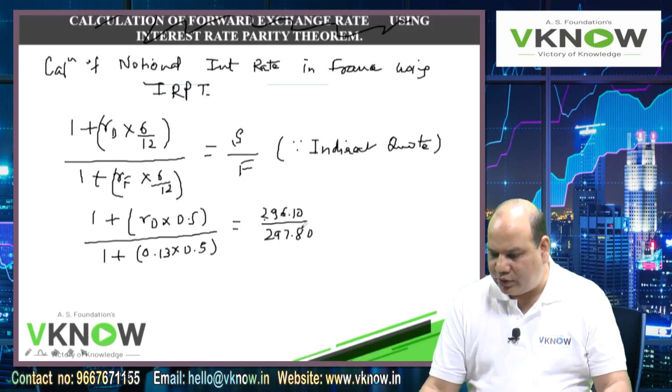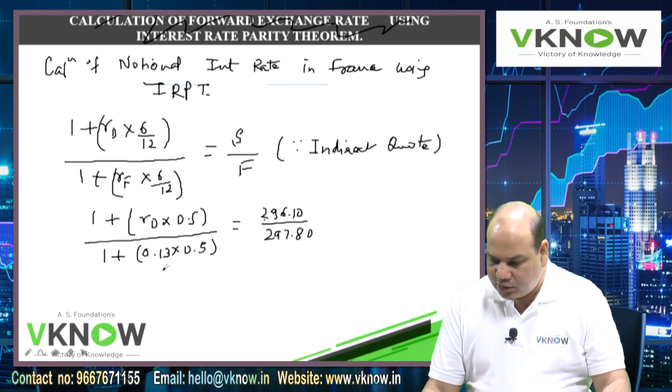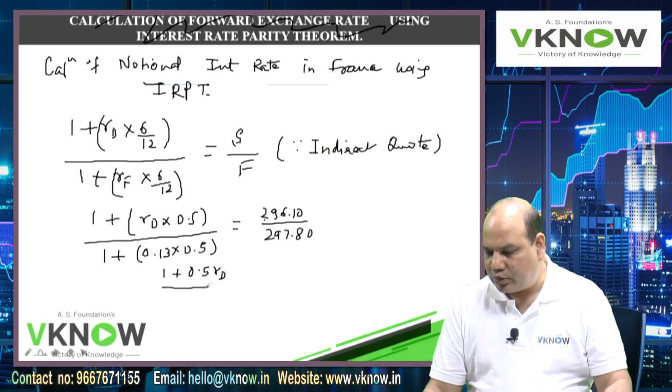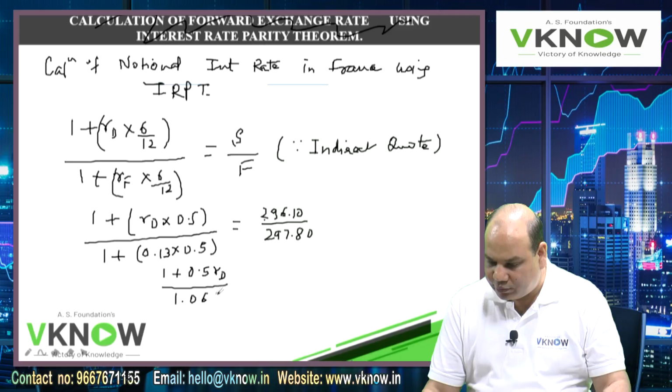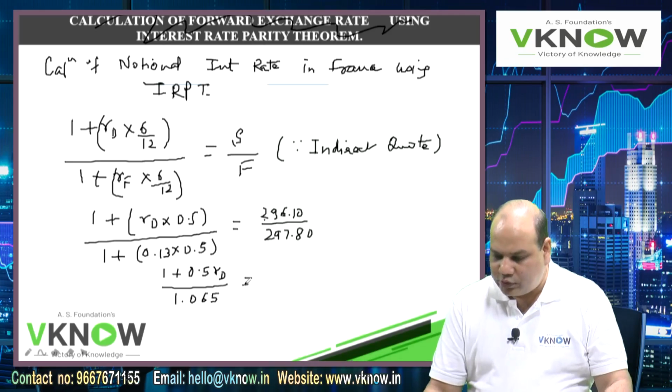With these rates given, what should have been the interest rate in France? So this will become 1 plus 0.5 RD, where RD means interest rate in France, and this is 1.065.